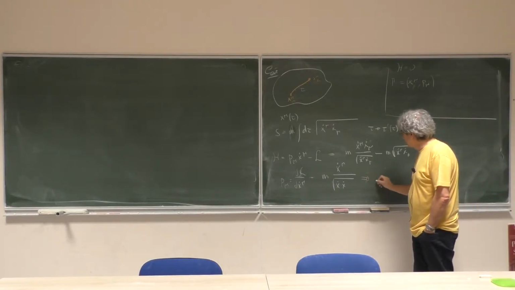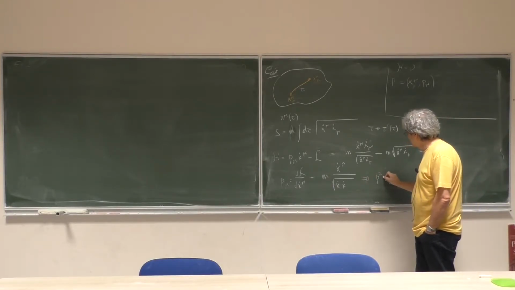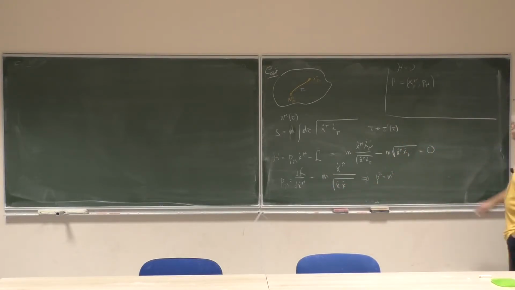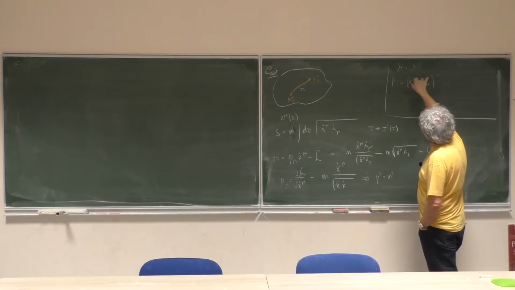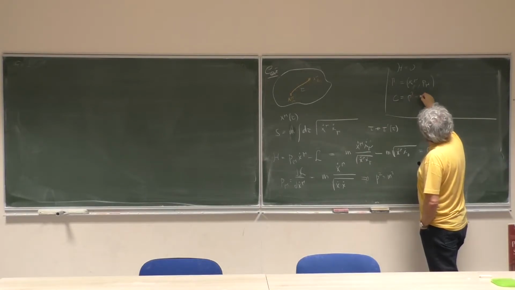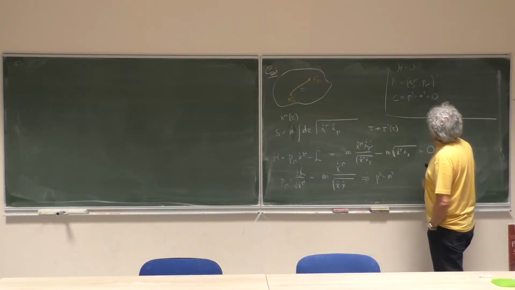So it follows that p square is equal to m square. So on this phase space here, there is a constraint, which is p square minus m square equal 0.